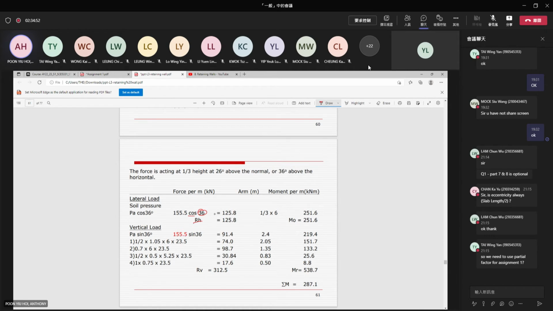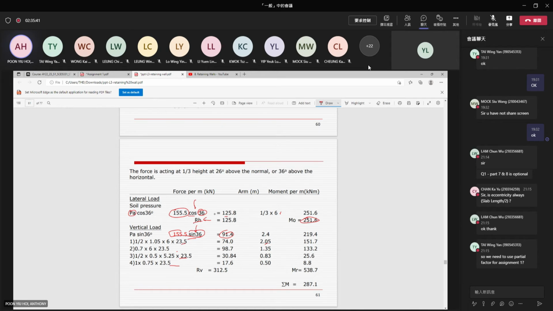If you resolve this to the vertical direction, you have to multiply with sine. So remember these are the two main points, cosine and sine. Everything else is the same. After you find the pressure, you resolve it to the horizontal direction to give you the horizontal sliding force, and if you know the moment arm, then you can also calculate the overturning moment. And then for the vertical load, there is also a small vertical component, so add that on.